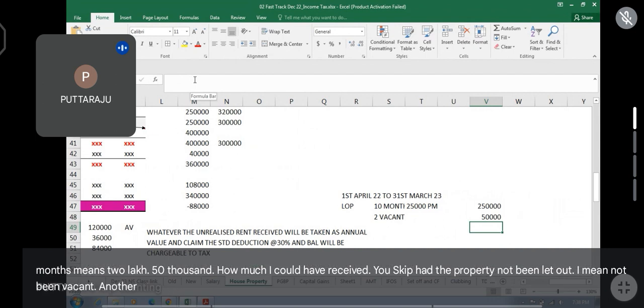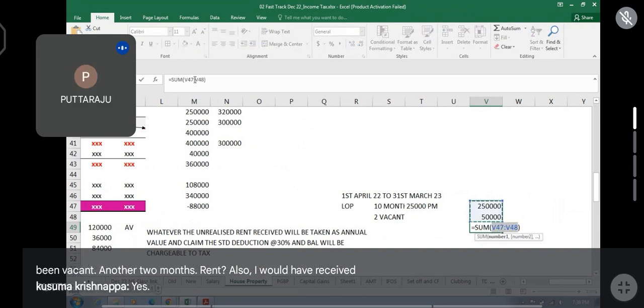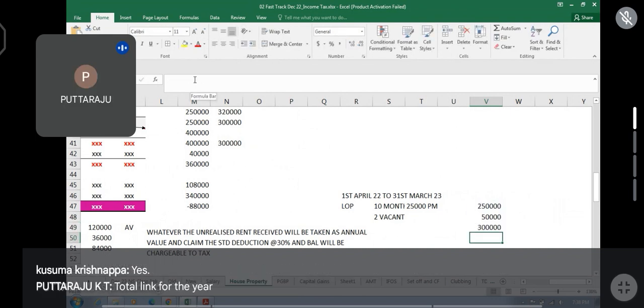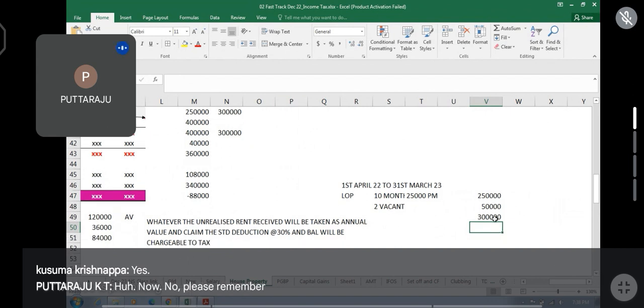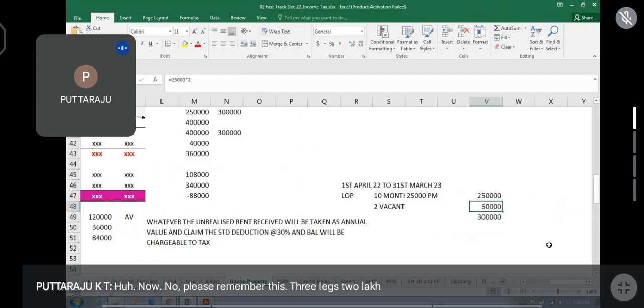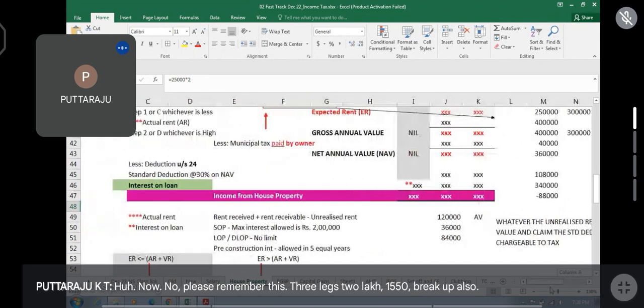Another 2 months rent also I would have received. Total rent for the year would have been 3 lakhs. Yes or no? Yes, sir. Now, please remember this 3 lakhs, and the 2 lakh 50 and 50 breakup also.